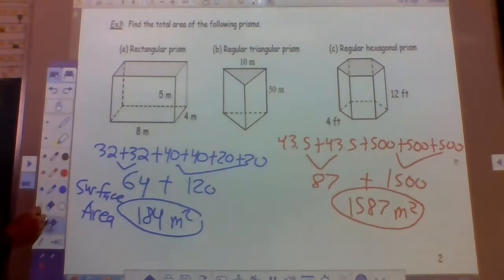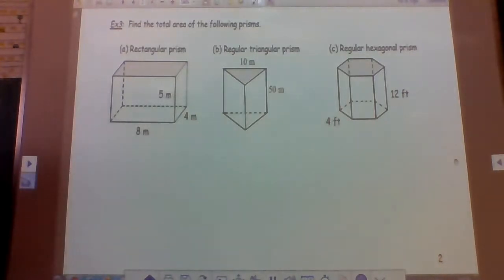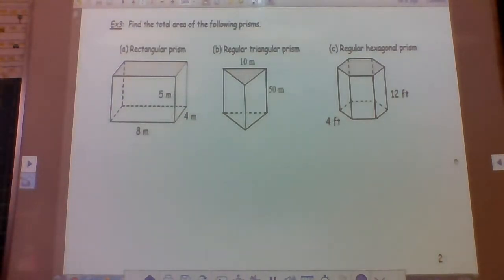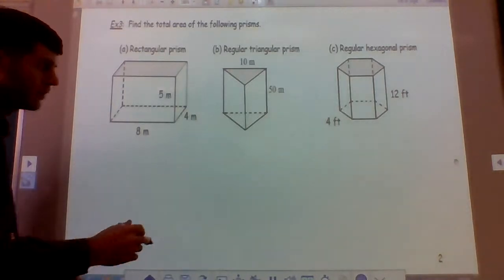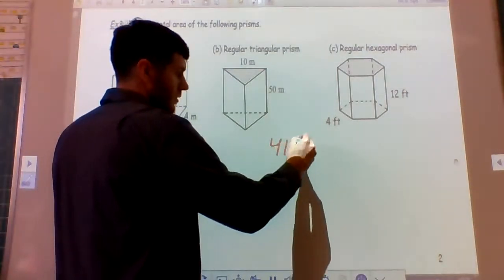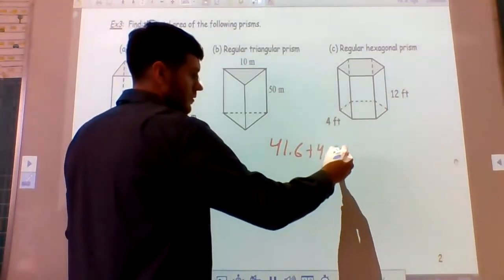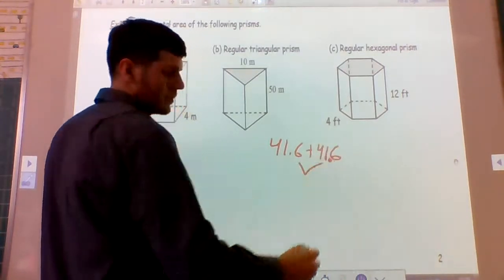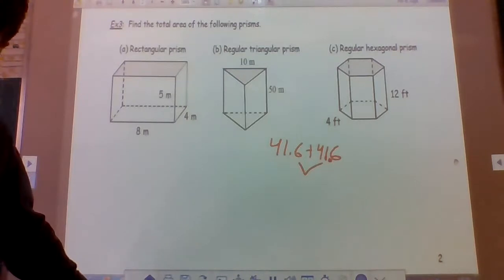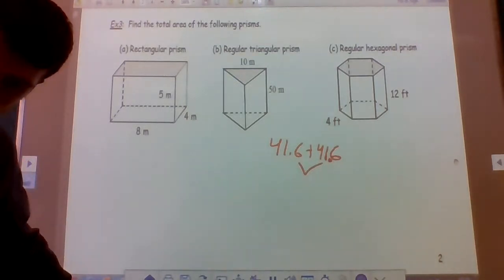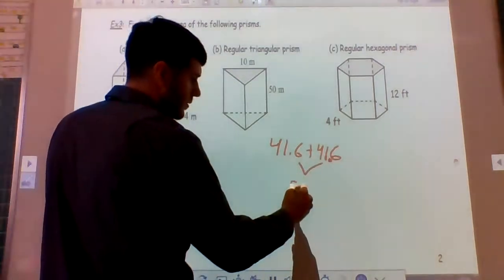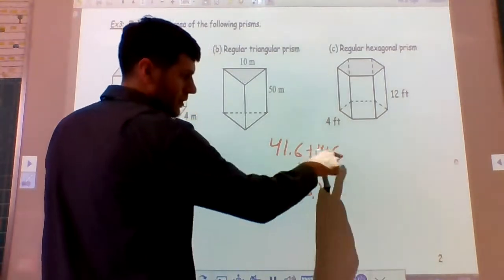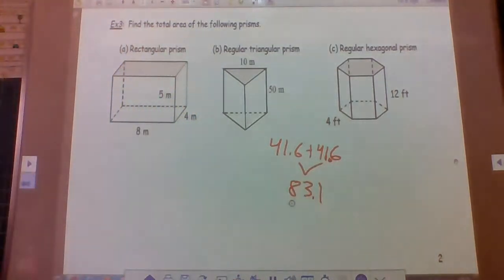Okay. And then C, the area of our hexagons were 41.6 each. So we had 41.6 plus 41.6. Okay, and that gave us, again, we rounded, so our next answer is not exact. We got 83.1, which is more exact than those two. We rounded those a bit.